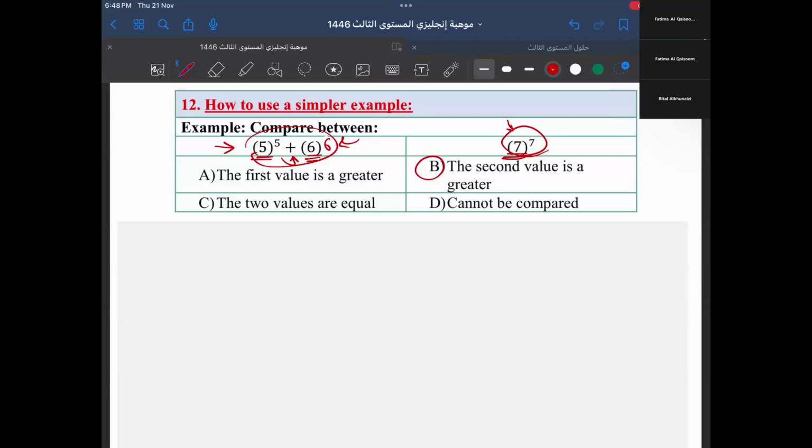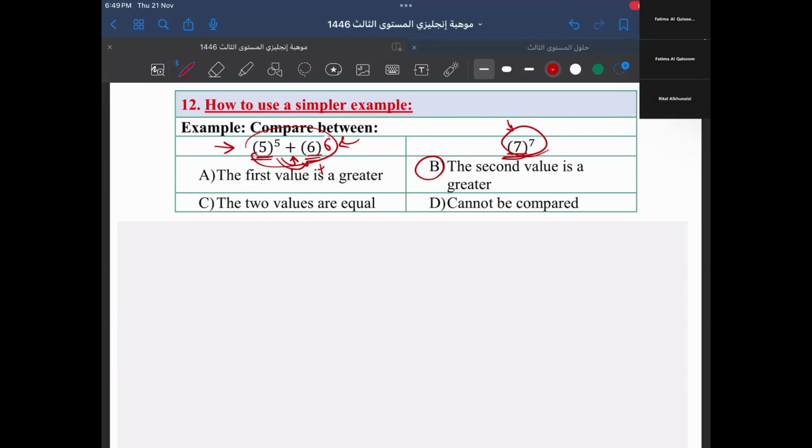It's like each time I add 1. 5 to the power of 5, 6 to the power of 6, 7 to the power of 7. Since I cannot find the value of these numbers easily, I'm going to use simpler ones. So I'm using smaller numbers that I can calculate without a calculator. It's not from anywhere. It's just an example.